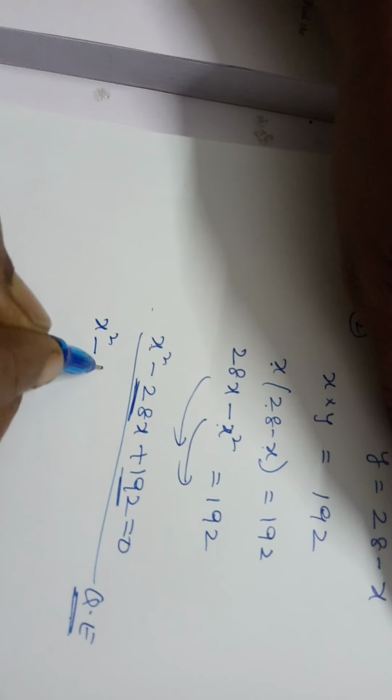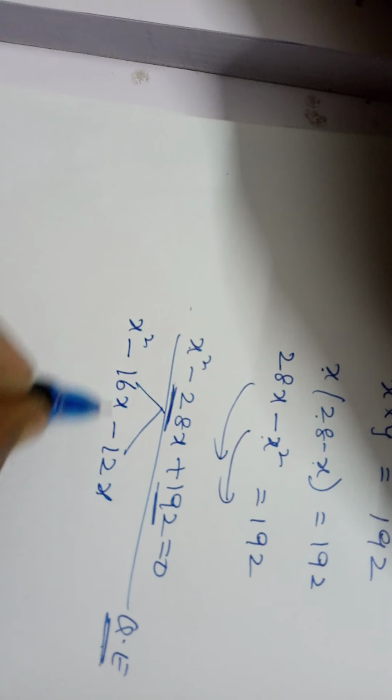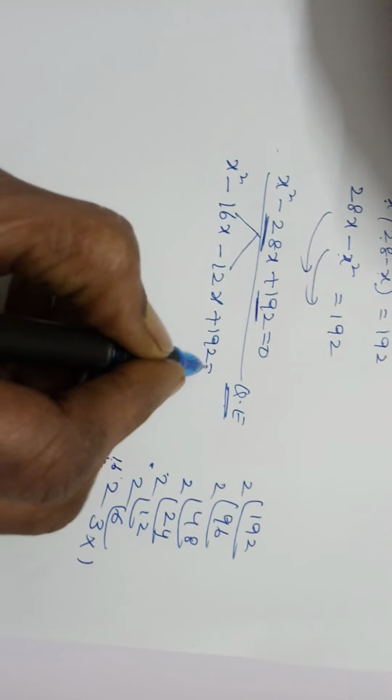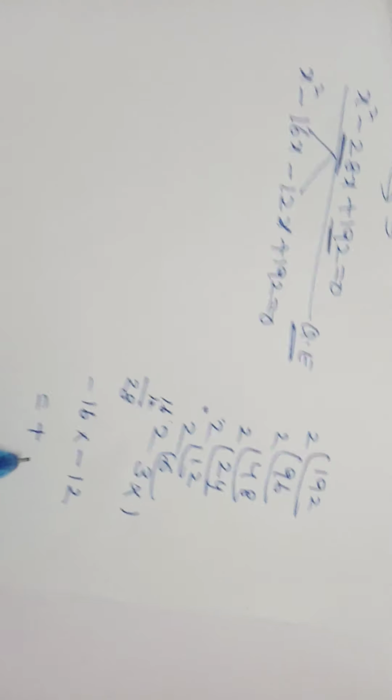So x square minus 16x and minus 12x. So this is split into two terms using the 192 factors, plus 192 is equal to 0. Like minus 16 into minus 12 is plus 192.